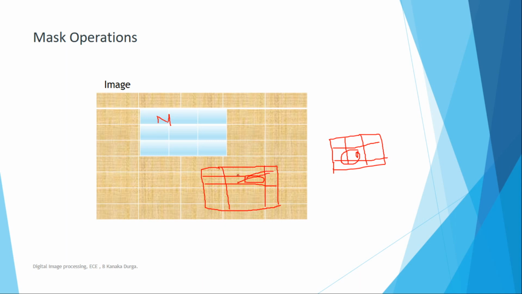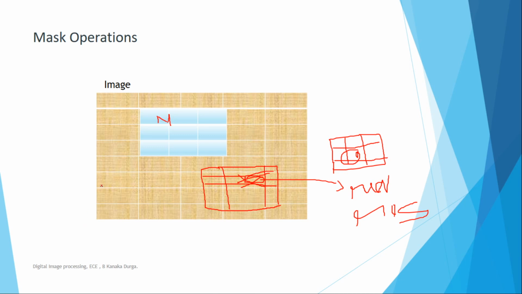Once we have placed it like this, we do the operation and calculate the resultant value using some technique. We will discuss the mask enhancement techniques. Either we can go for an averaging operation or a summing operation, depending upon the application requirement. Whatever resultant value we get, we have to place on this pixel.